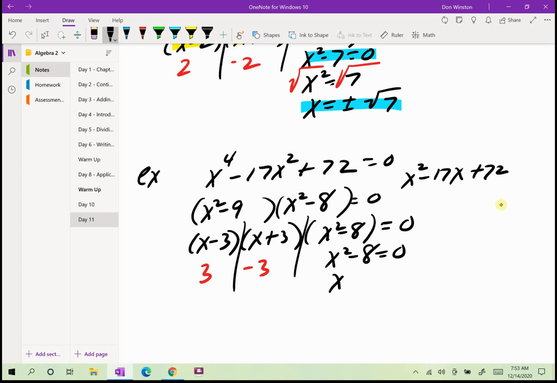So x squared equals 8. Take the square root of both sides, and then you get x is equal to the square root of 8, which is equal to the square root of 4 times the square root of 2. So this will be plus or minus 2 root 2. So there are my zeros: plus or minus 2 root 2, and 3 and negative 3.